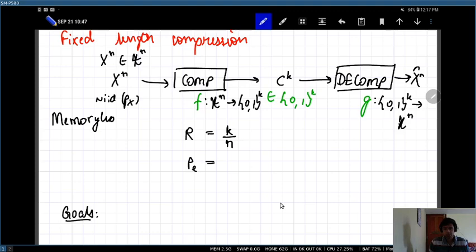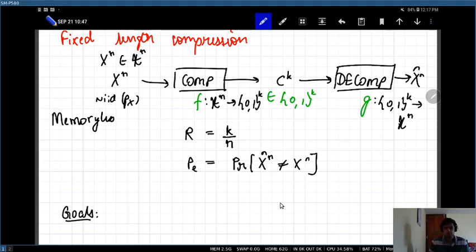Now clearly, if k is strictly less than n, then there should be at least some sequences xn such that xn hat is not equal to xn. This follows from the pigeonhole principle. But in some sense we want to minimize the error. So the probability of error is defined as the probability that the reconstructed file xn hat is not equal to xn.